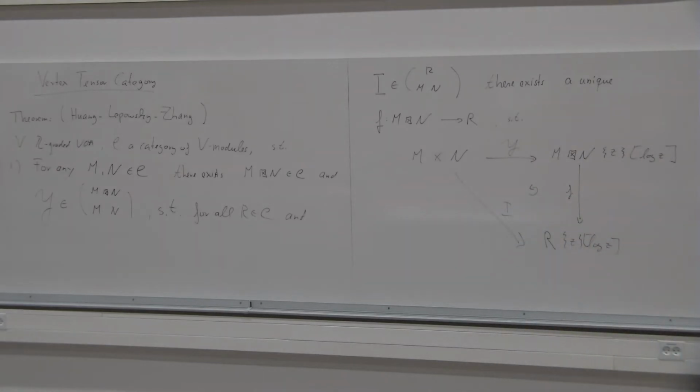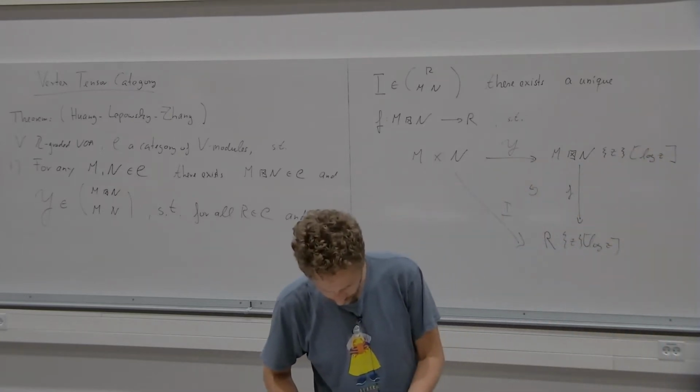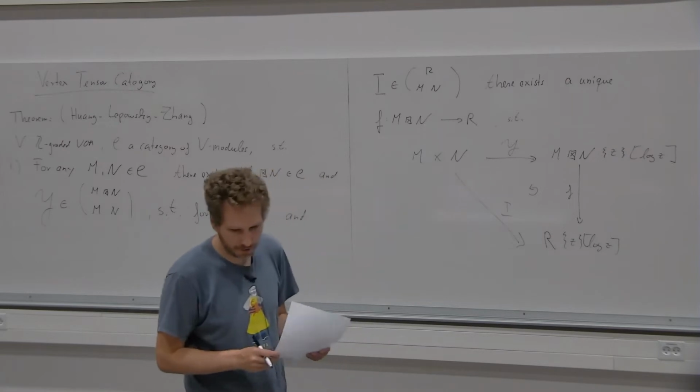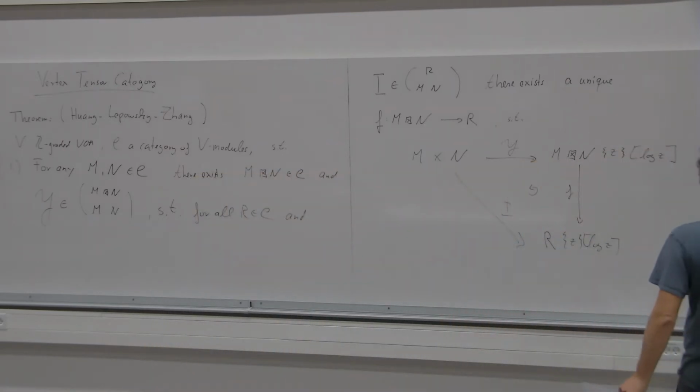That is the universal property that you usually require. Okay, and the second condition is the associativity condition that you need to require.